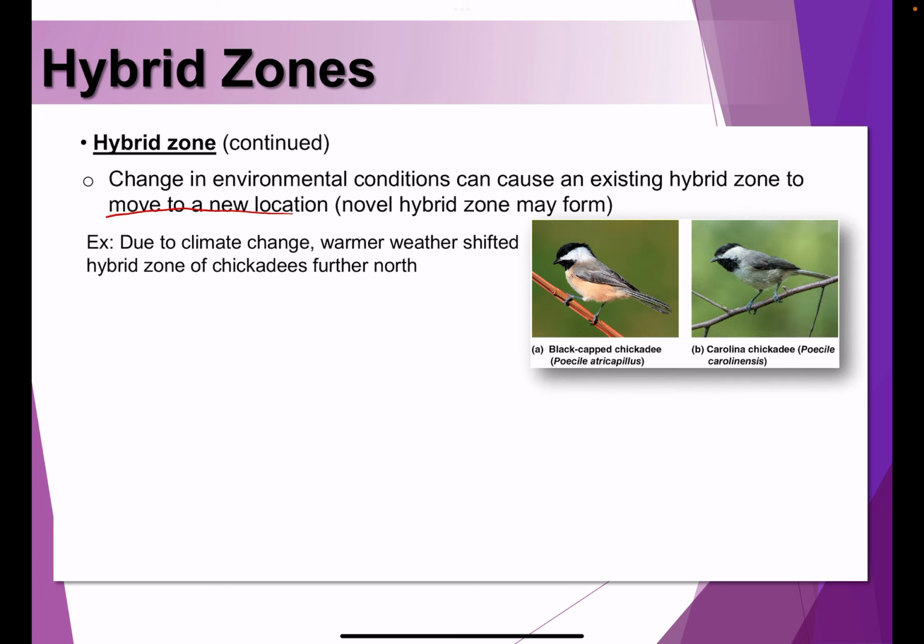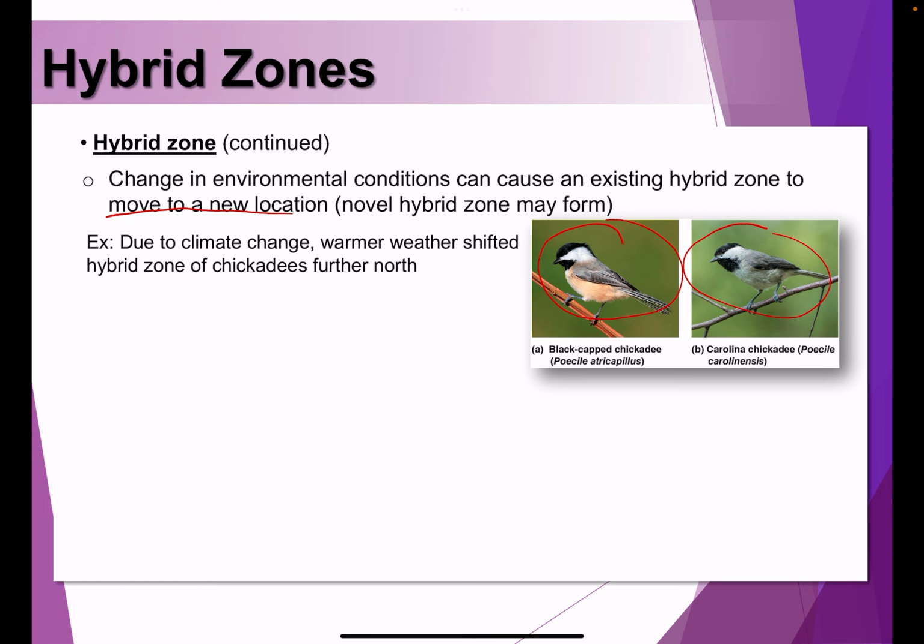So one big example is climate change. Due to climate change, warmer weather has shifted hybrid zones of these beautiful chickadees further up north because they are trying to find places to escape the warm weather.